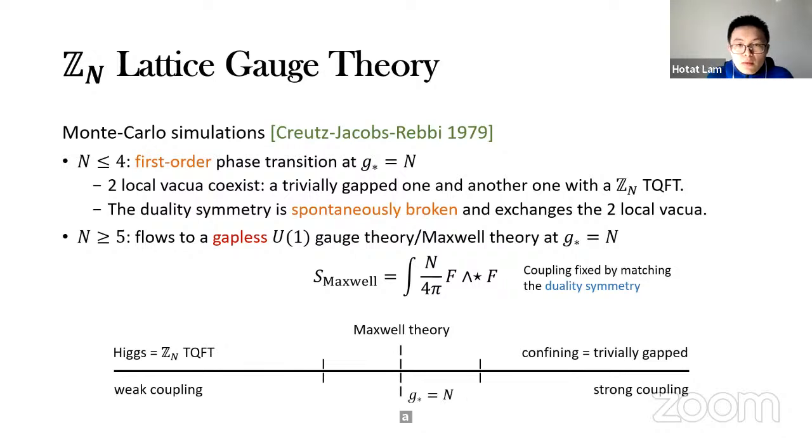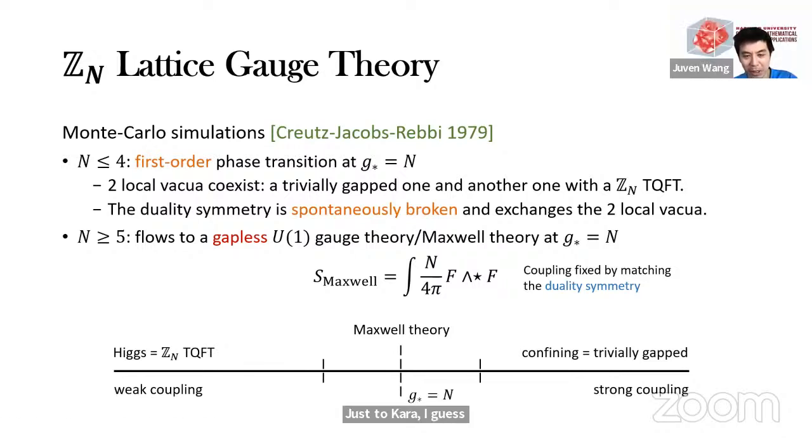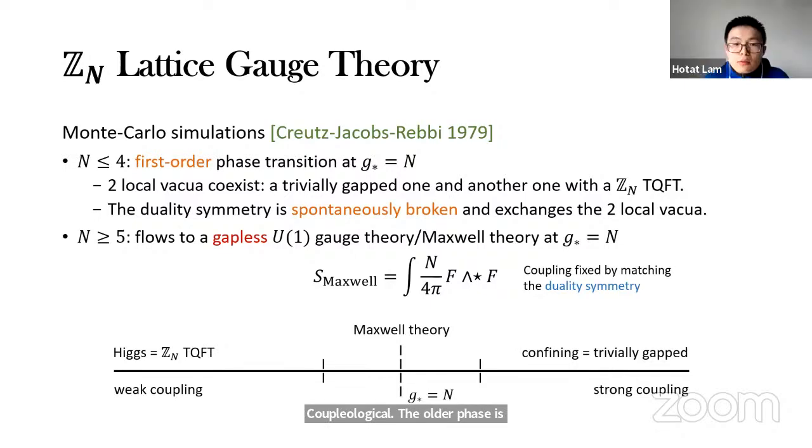Okay. Just to clarify, are you trying to say that you can prove the transition will be at a G star, instead of having two separate transitions near G star going to an intermediate symmetry-preserving gapped topological order phase? Correct.